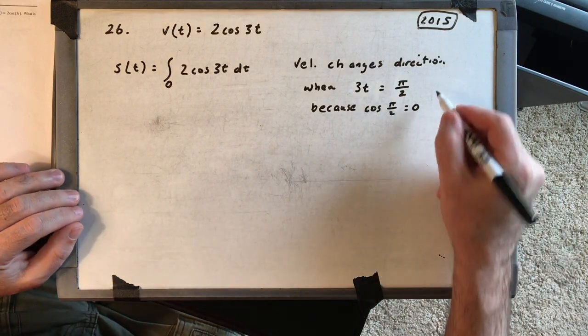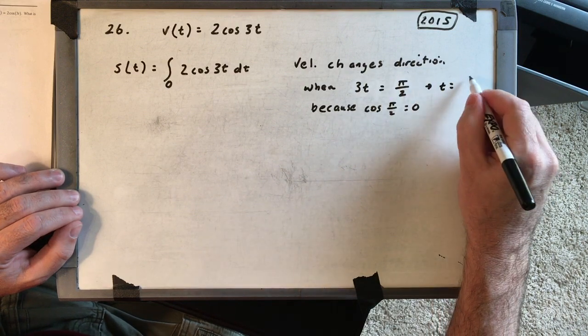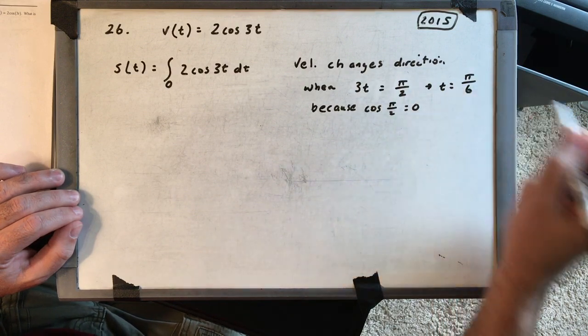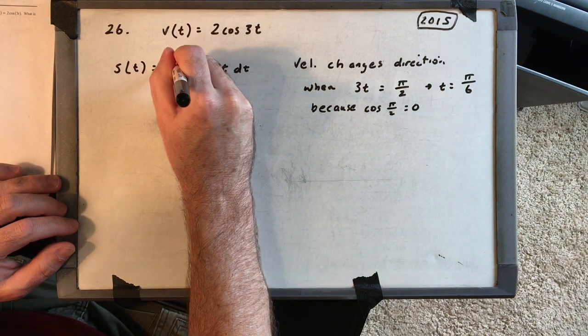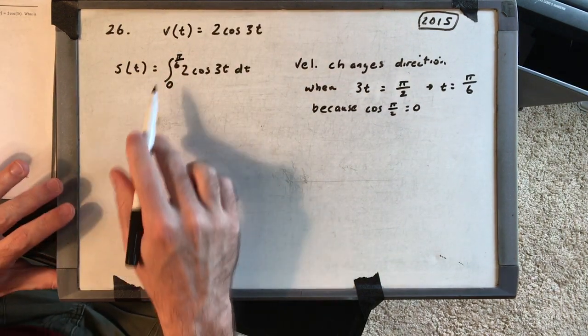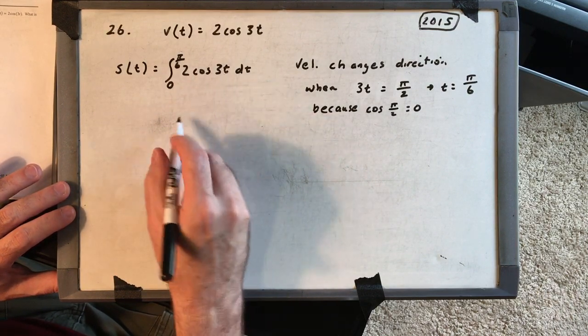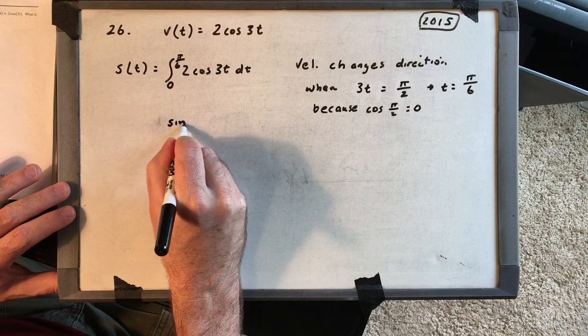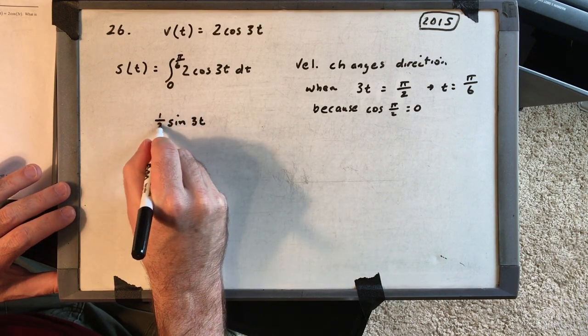Okay, so if 3t is equal to pi over 2, then t is going to be, divide both sides by 3, pi over 6. So we need to integrate this from 0 to pi over 6, and that'll give it to us. Okay, so the antiderivative of cosine 3t, that'd be sine 3t. You could u substitute this. You know you're going to need a 1/3 out front.